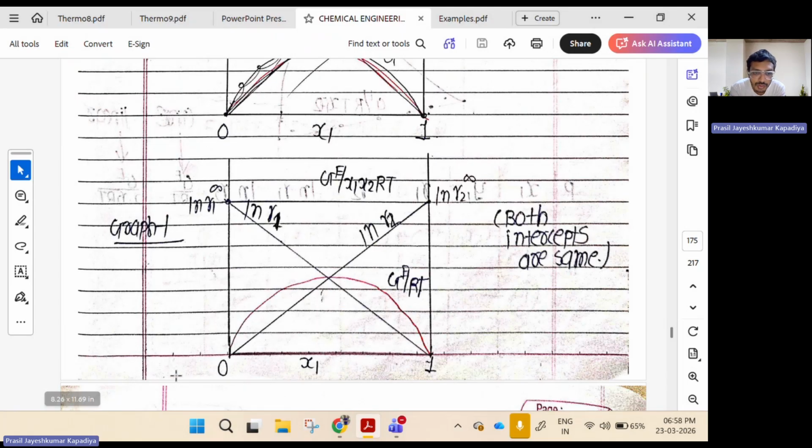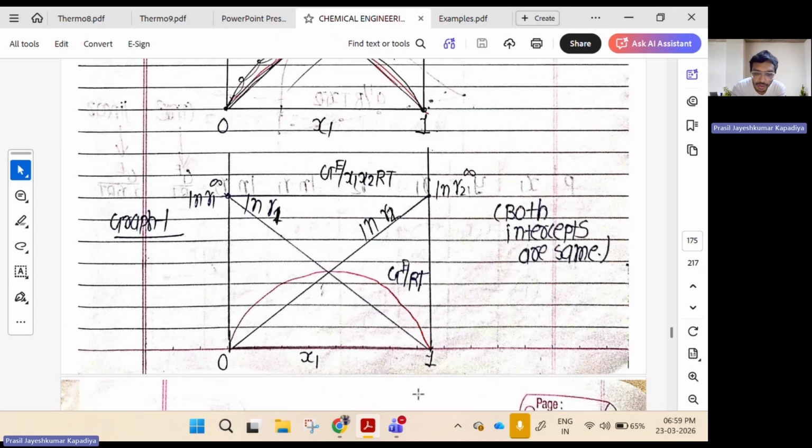And when x1 tends to 0, I will have ln gamma 1 infinity, which will approach these curves. Okay. Ln gamma 1, ln gamma 2. And this is just a theoretical representation, so I have assumed that both the intercepts are the same.